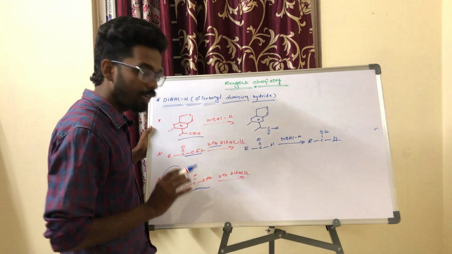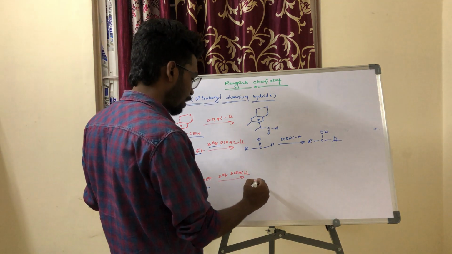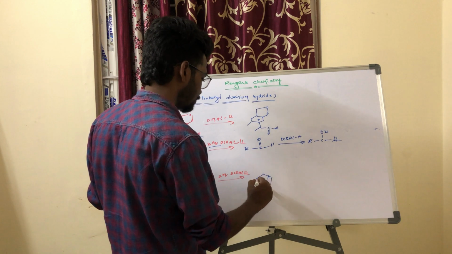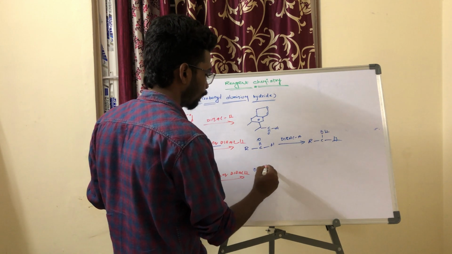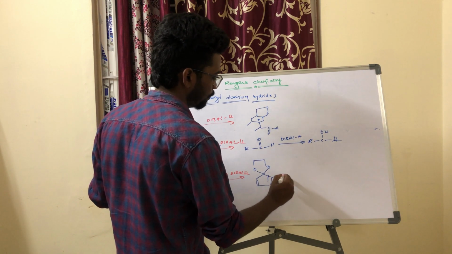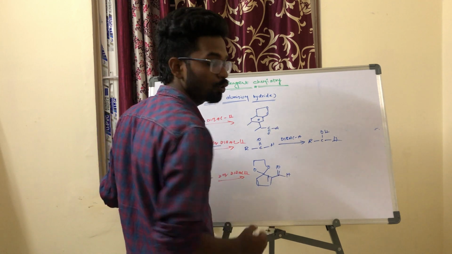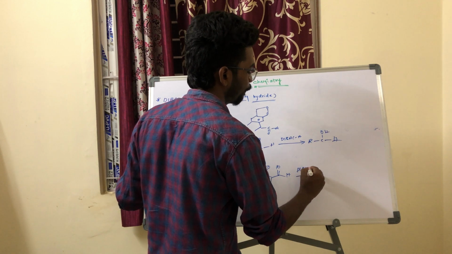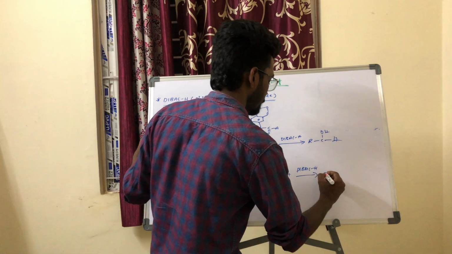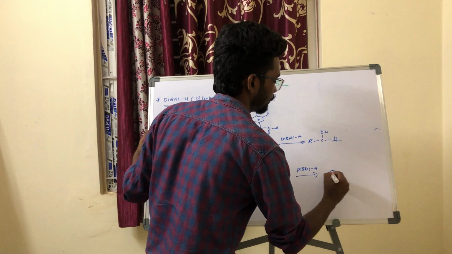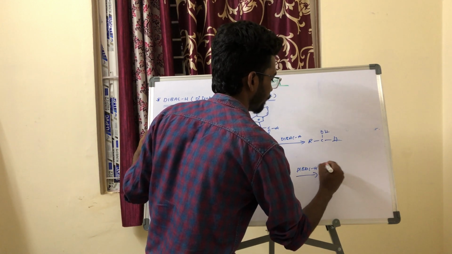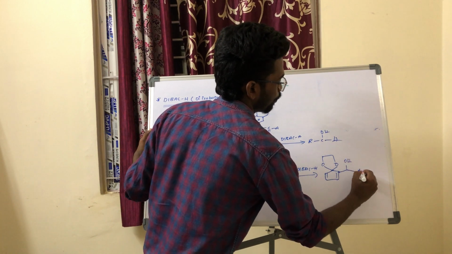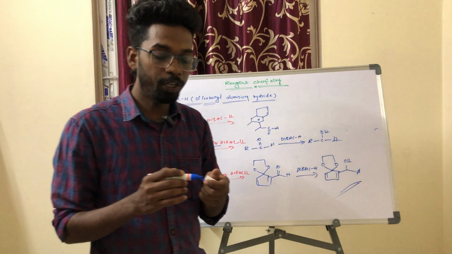And you see the ester compounds: with 2 mole equivalents, the ester is first converted into the aldehyde, and again with one more DIBAL-H we'll get the alcohol. This is what DIBAL-H is going to do.